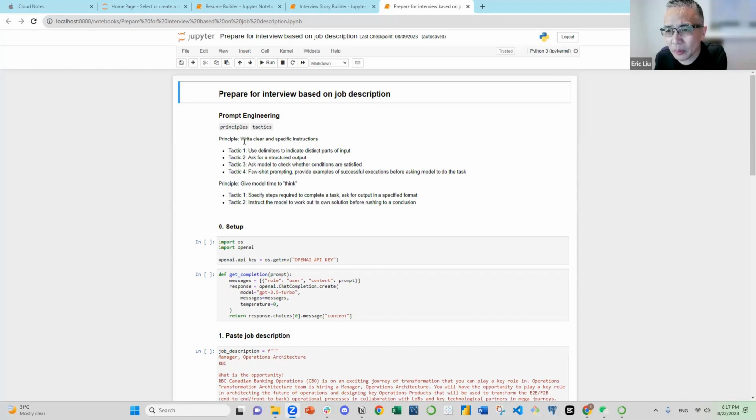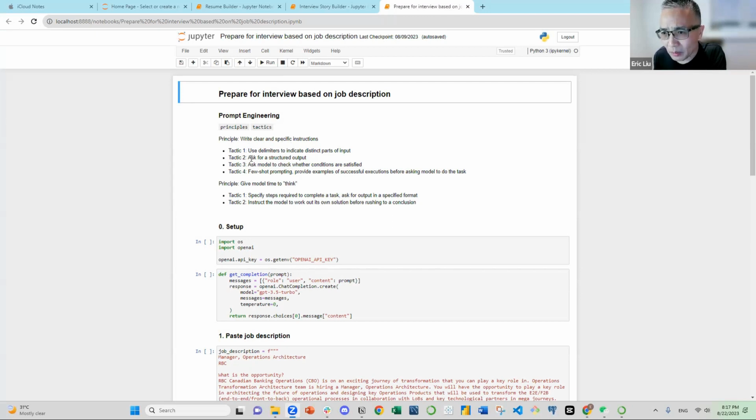The first principle is to write clear and specific instructions. Specific is always better than general and generic questions. And clarity is important. If you ask questions with a high level of ambiguity, it's very likely you will not get a good answer.